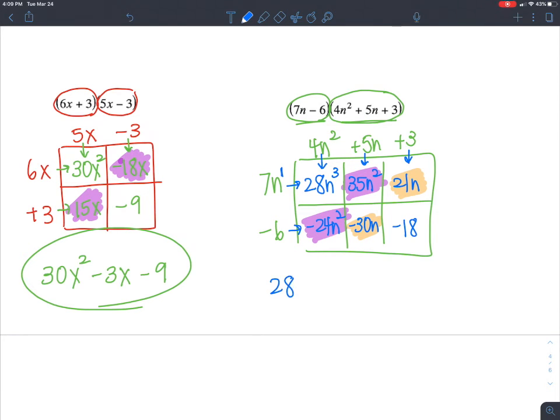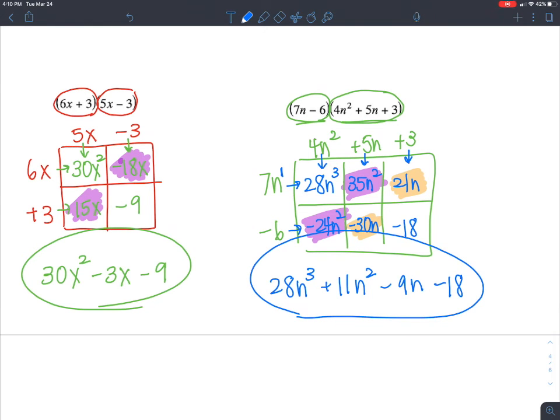So 28n cubed. Now to combine like terms, 35n squared minus 24n squared is a positive 11n squared. And then negative 30n plus 21n gives us a negative 9n, and then minus 18.